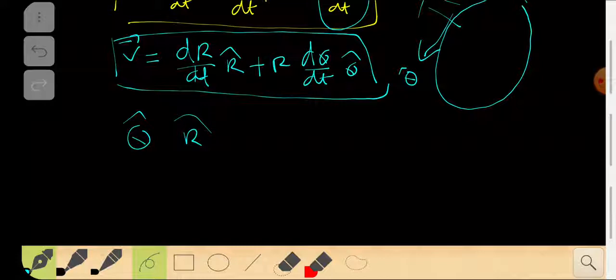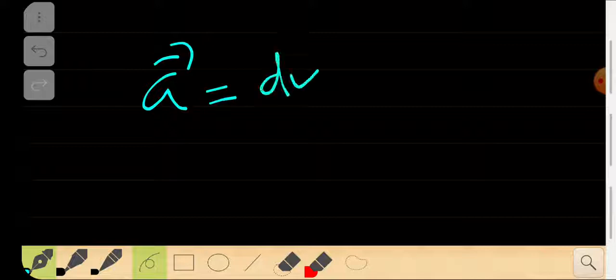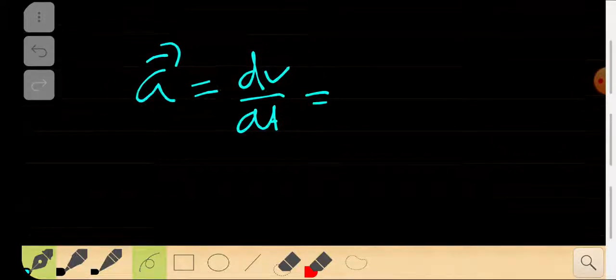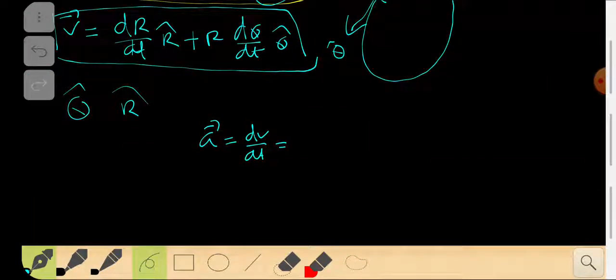So that's how velocity will look for a non-circular path. Now we can find the acceleration for a non-circular path. When we found velocity, the next thing is to find acceleration. So the acceleration vector is equal to dv by dt. We know v, now we need to take its derivative again.